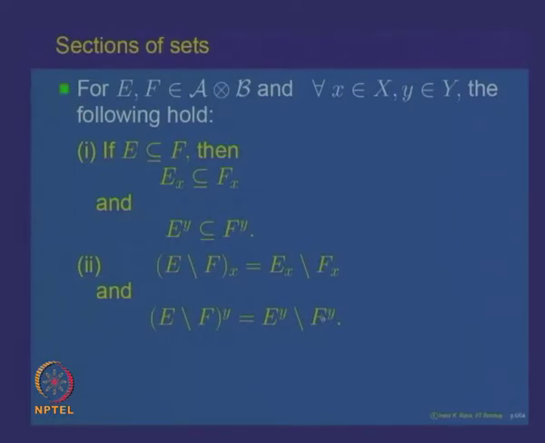So basically we are saying the properties of subsets are preserved under taking sections, that is part 1, and the property of taking sections is preserved also under taking differences of sets. Whether you first take the sections and then take the difference, it is the same as first taking the difference and then taking the sections. So these are two elementary properties of the sections.